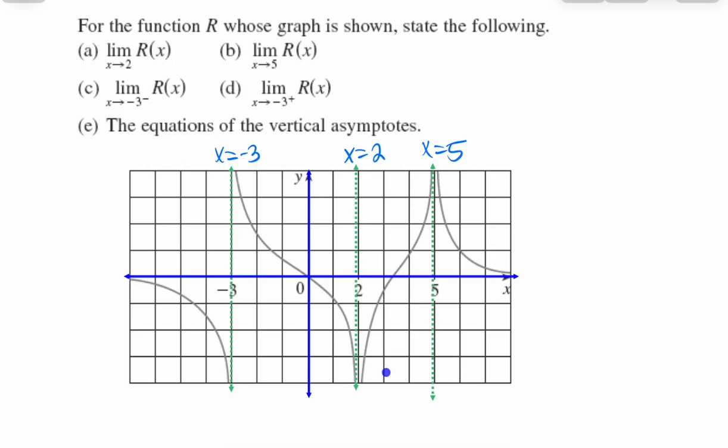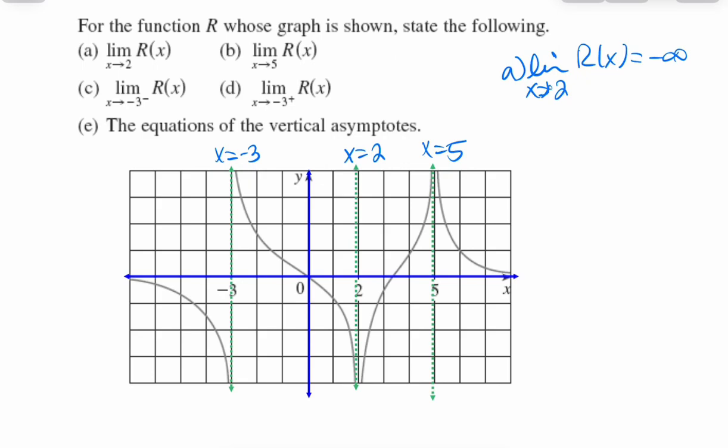As we approach 2, if and only if both ends are going to the same height, can we give it an answer that is related to infinity? So that limit as x approaches 2 is just going to be a negative infinity.